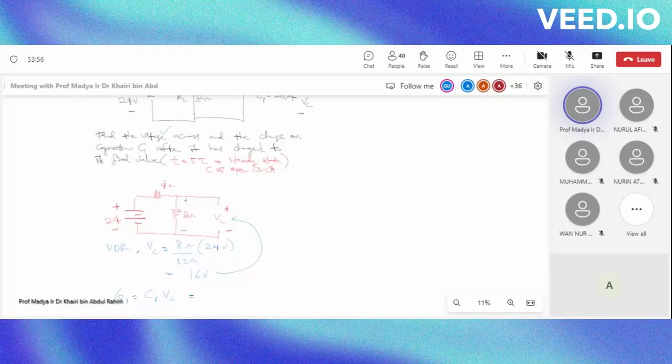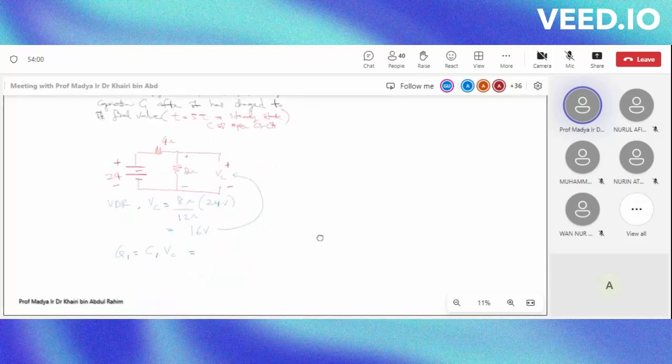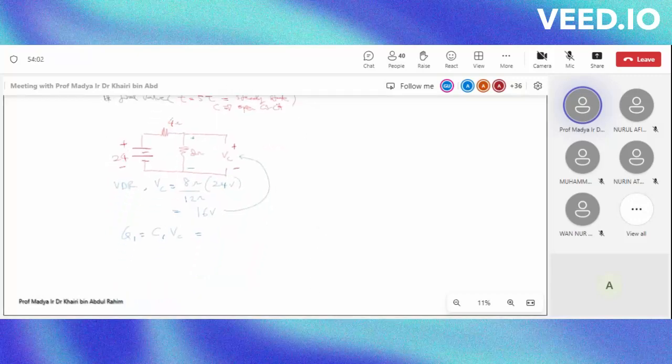So it's straightforward. Okay, so C in this case is 20 microfarad times 16 volt equals to 320 microcoulomb. Okay, okay? Got it?